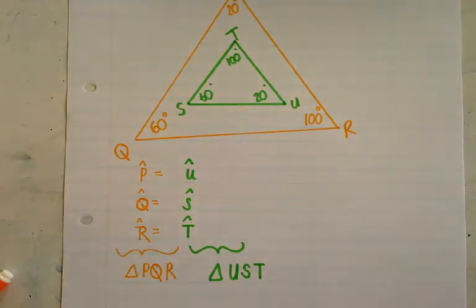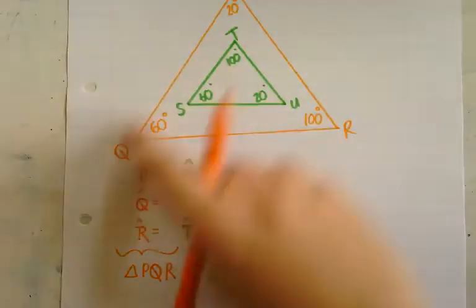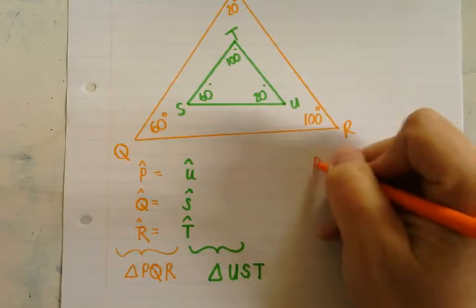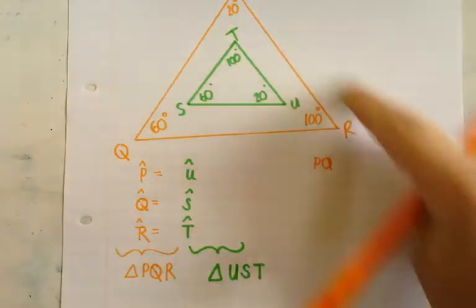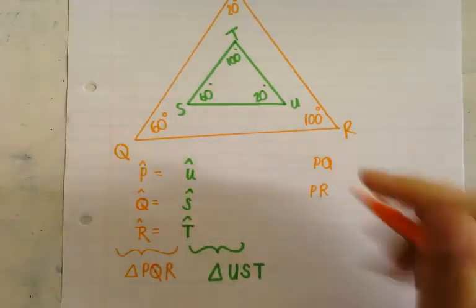Now, these were the angles that I dealt with. Let's look at my sides. I want to know the corresponding sides. Okay? So I'm just going to use cor as in corresponding. So my first triangle side is PQ in the orange, PR, and the third is QR.